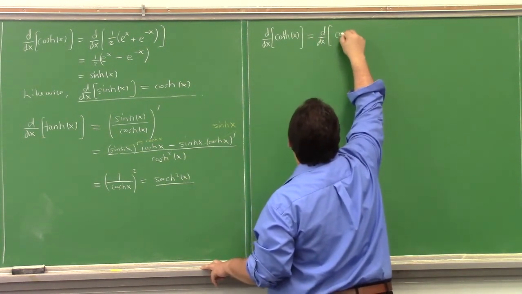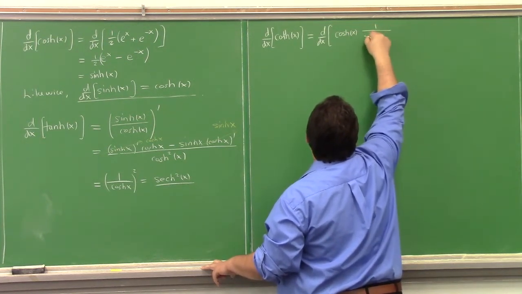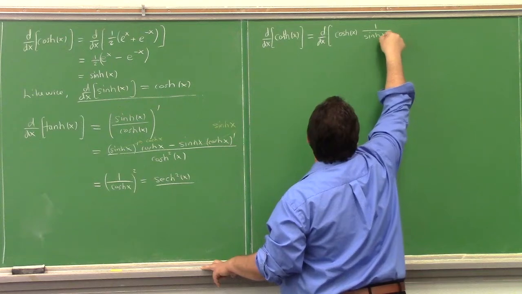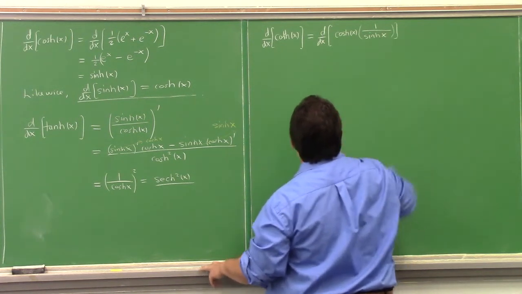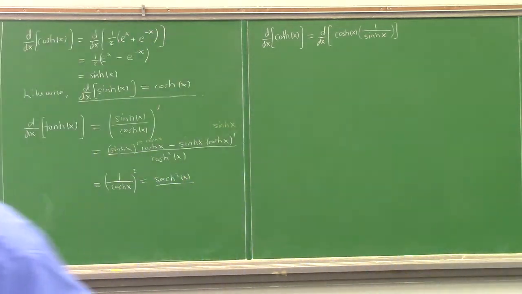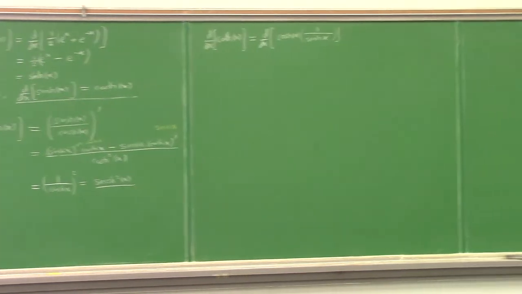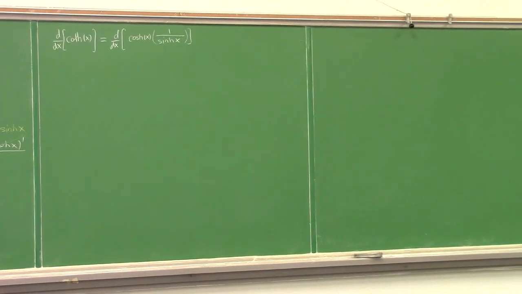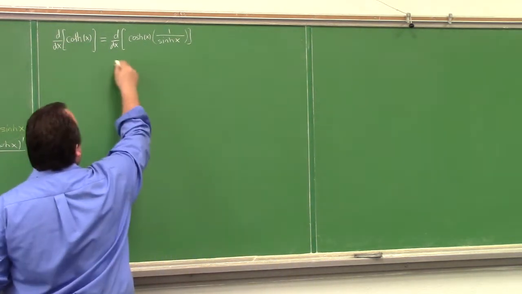So I'm going to do cosh of x times 1 over sinh, just for the sake of illustrating tools we have. So I'm going to look at hyperbolic cotangent as a product of functions. And so if we do this, what do we get? We use the product rule.